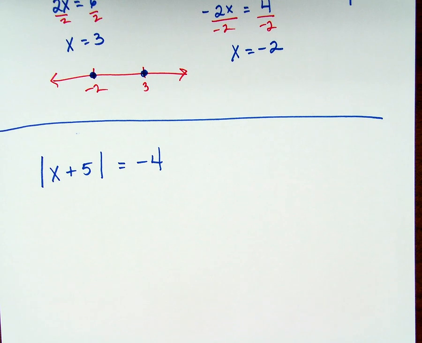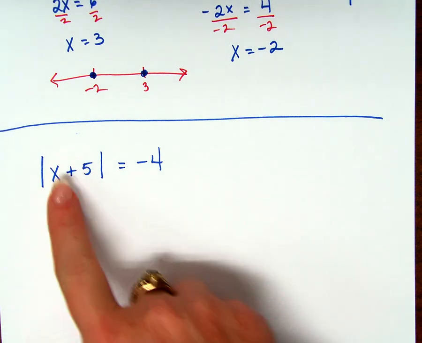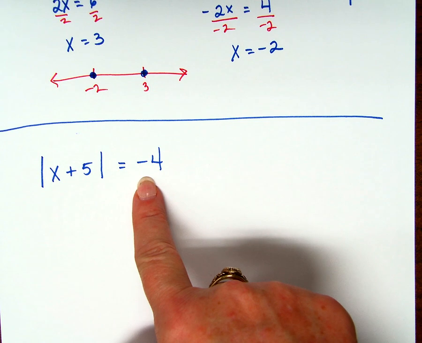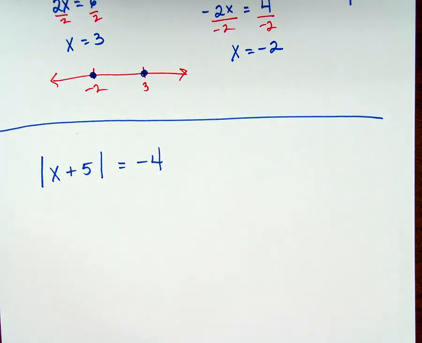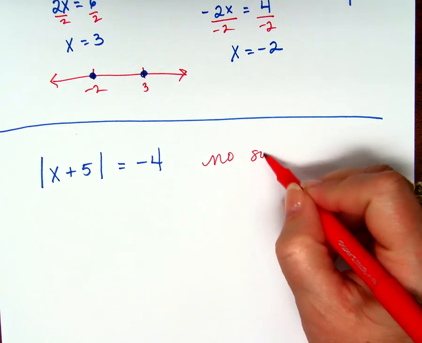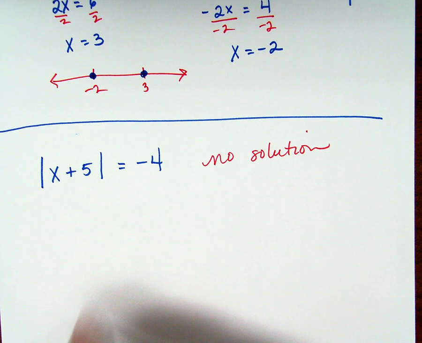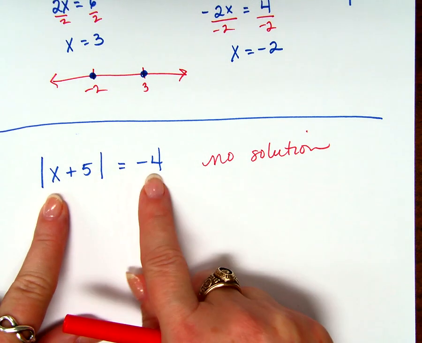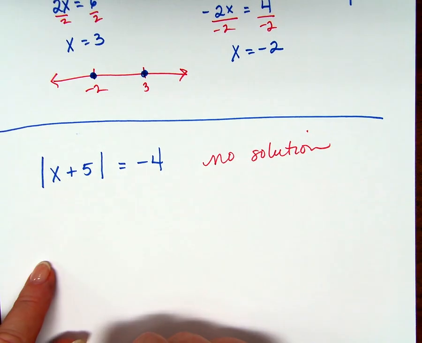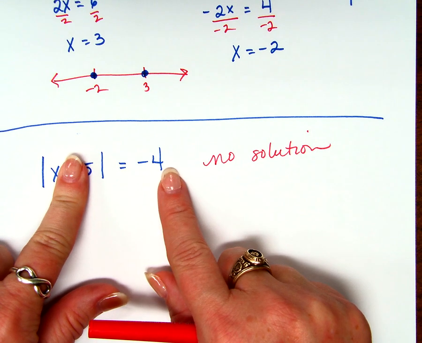So how far it is from 0, right? So it's a distance. So when am I going to take the absolute value of something and get a -4? When? Never. That's exactly right. If you have your absolute value isolated and it equals a negative number, that's a no solution. Because I can't take an absolute value of something and get something that's negative.